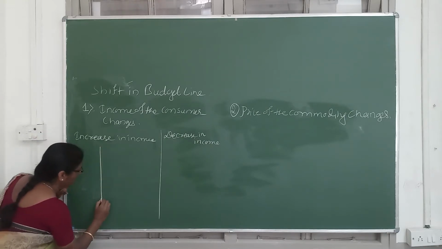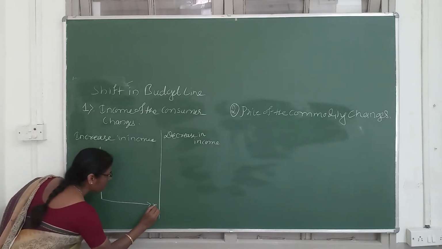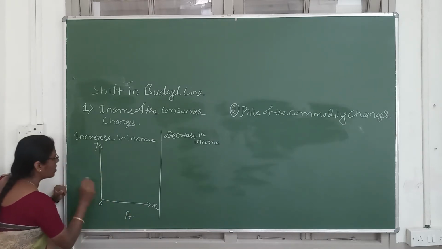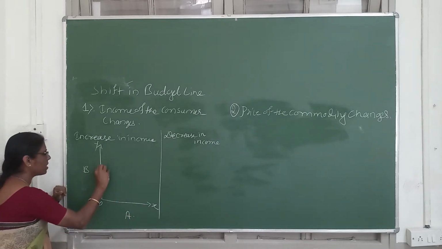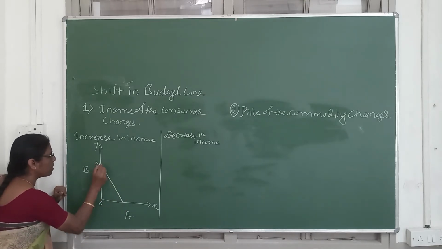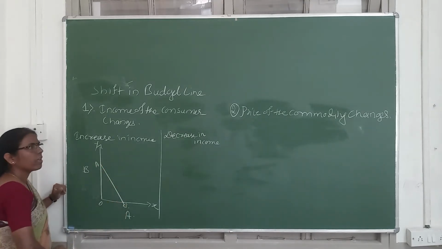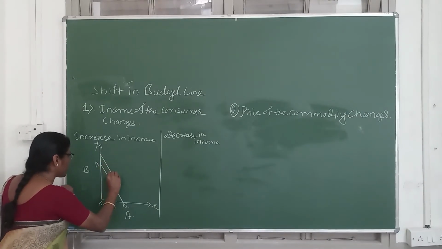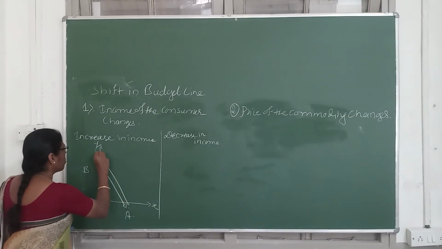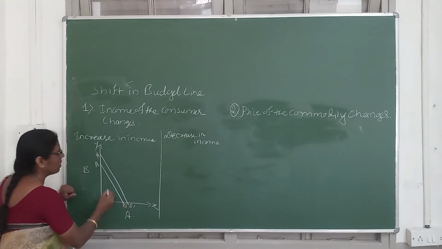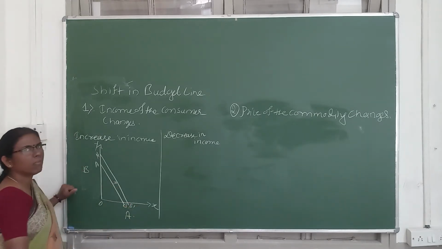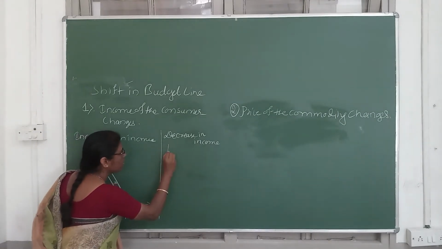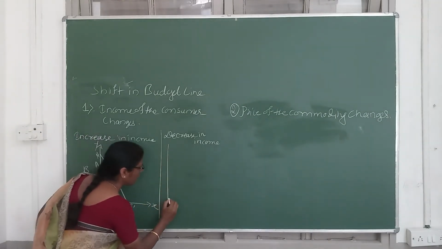What happens when income increases? OX, OY, apple is measured here, banana is measured here, and AB is the budget line. When our income increases, the budget line shifts towards the right. So this is A1, B1. When our income increases, we purchase more of both. What happens when income decreases?